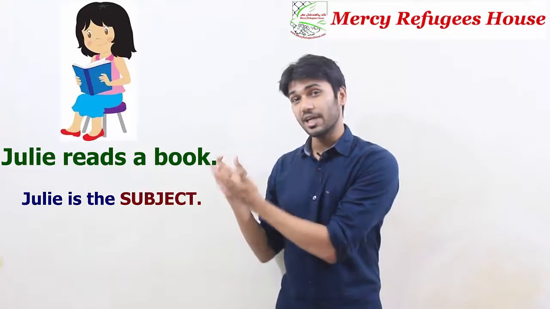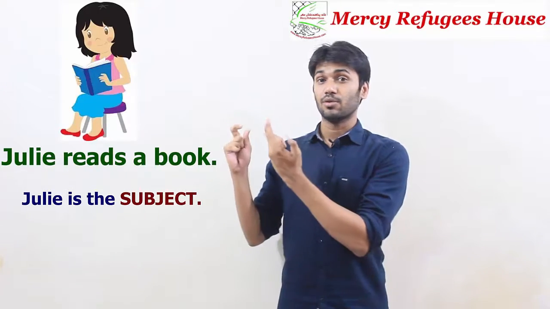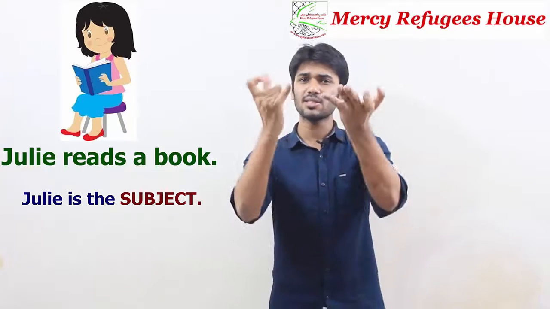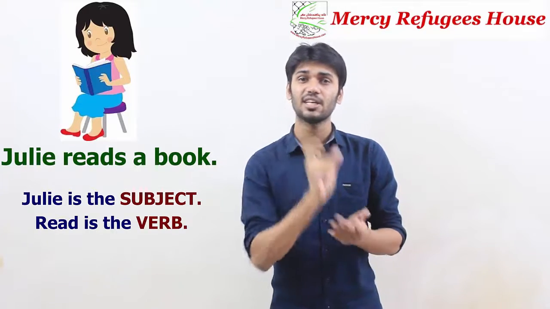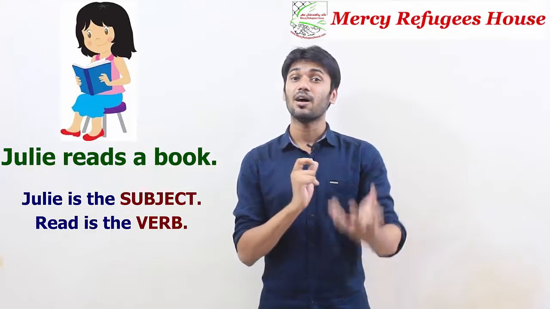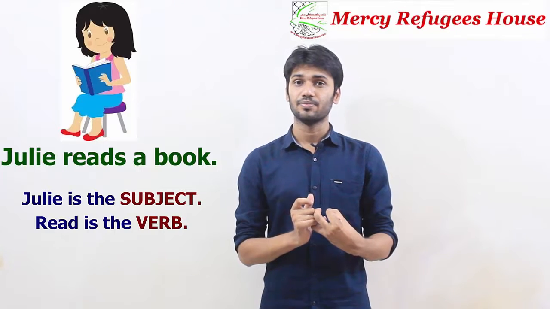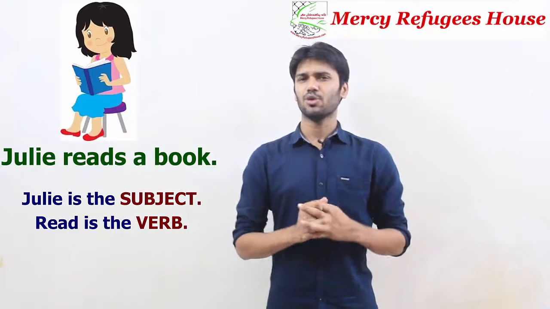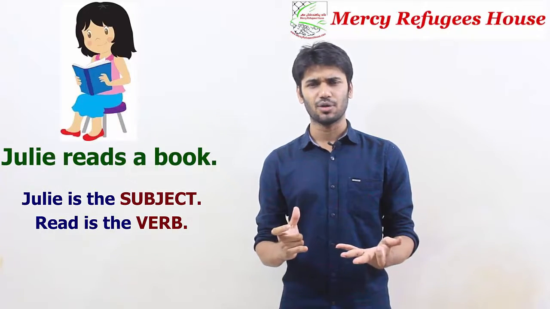Here, Julie is the subject of the sentence. What is Julie doing? Ask yourself the question. Yes, we can see that Julie is reading. So reads here is the verb. And what is Julie reading? Julie is reading a book.